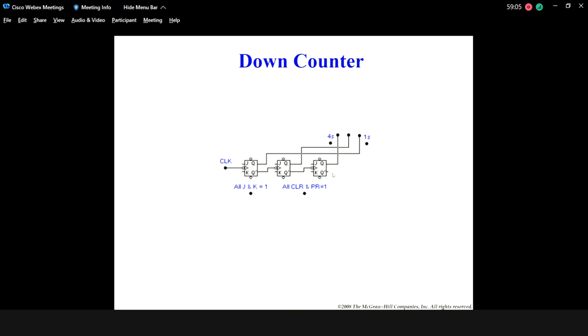So when Sarah went to the New Year celebration, of course, when it is near 12 midnight, they start to make a countdown. So we can also perform that countdown using JK flip-flops.